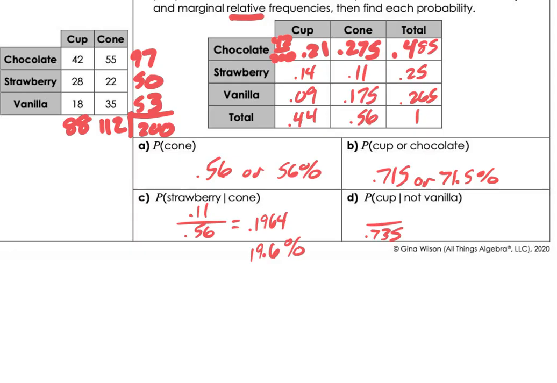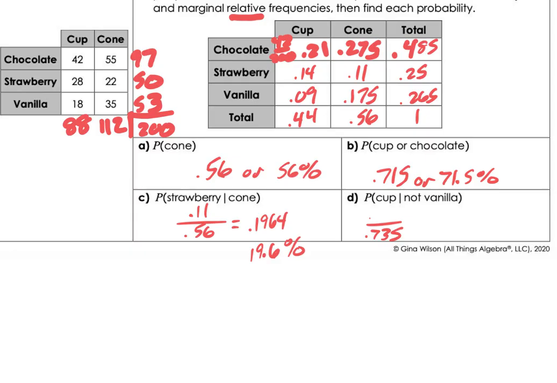And out of that group, how many of them chose a cup? Here we're looking at these two groups right here. These chose a cup and these chose a cup. We're only looking at these two rows right now. We're not looking at the people that chose vanilla because we already eliminated vanilla. So these are the two groups that chose a cup out of that.